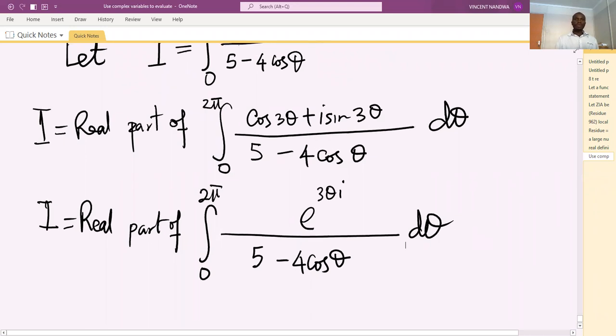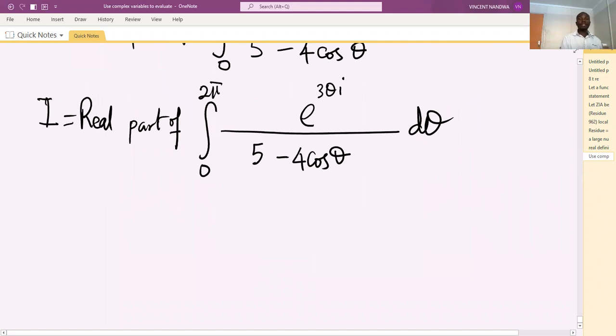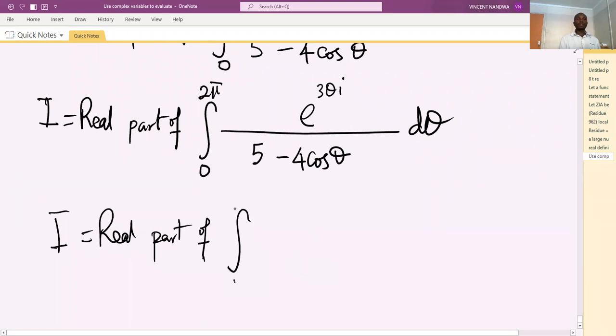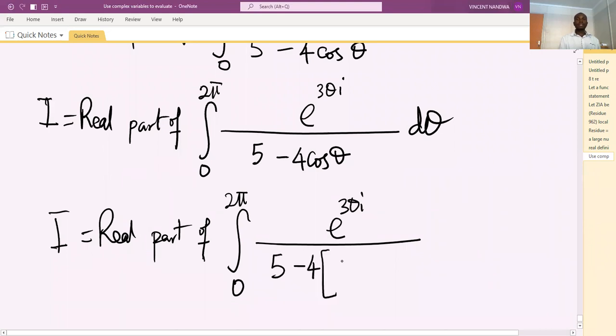So with that, then convert cosine into exponential. So we say I will be the real part of the integral 0 to 2 pi and then e raised to power 3 theta I over 5 minus 4 cosine, which is given by e raised to power I theta plus e raised to power minus I theta, we divide by 2, and then d theta.